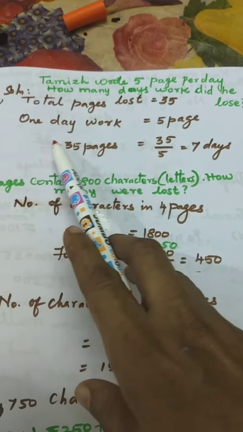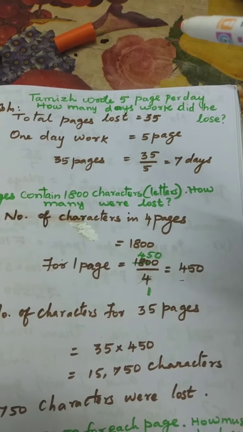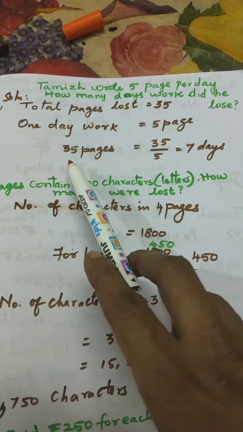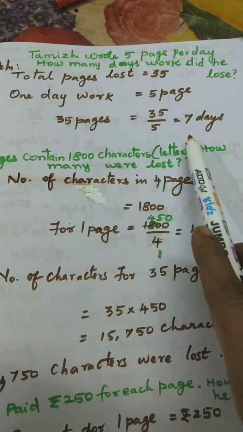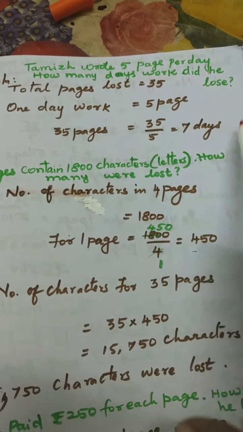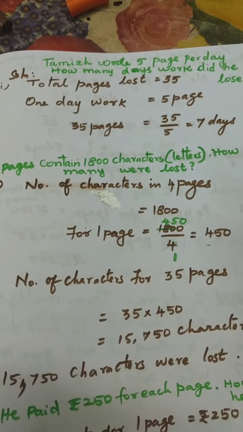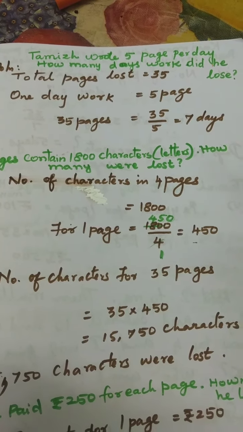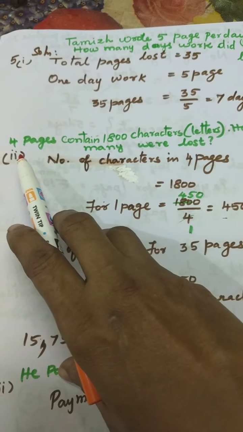Isn't it? So 1 day work is 5 pages. So how many days work he lost? That is 35 by 5. Then he lost 7 days work, because 35 pages got wet. So the next question.